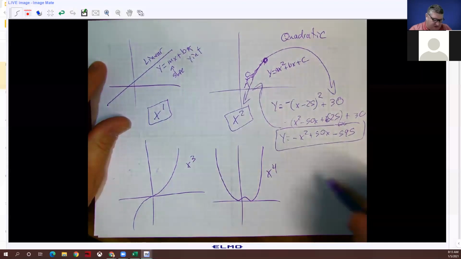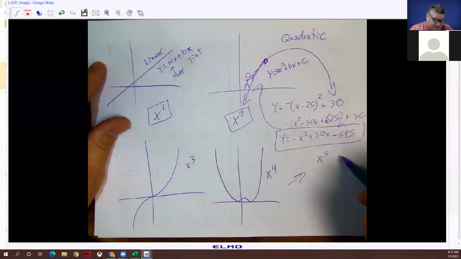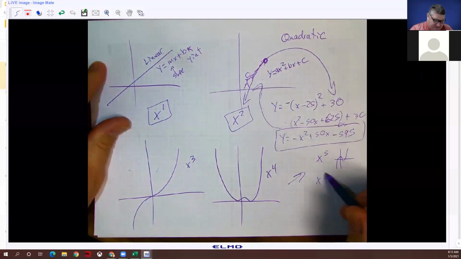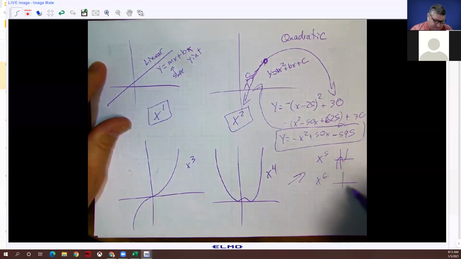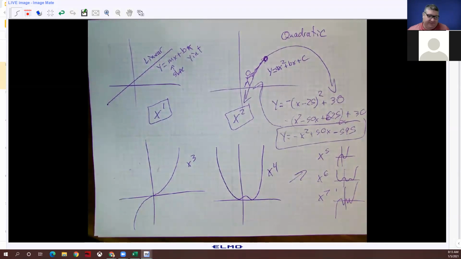All of these are going to keep going on up and up and up. It keeps going just like that.